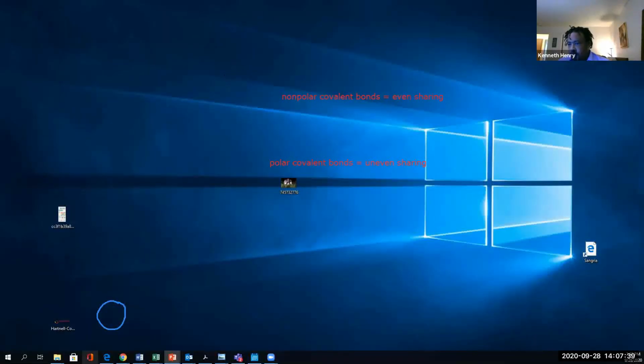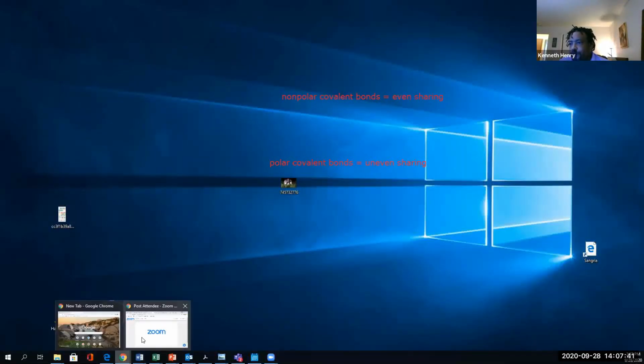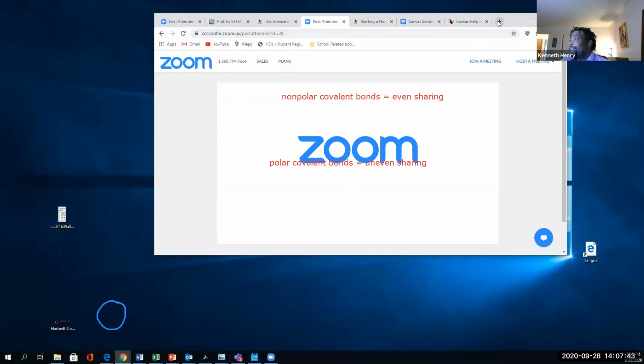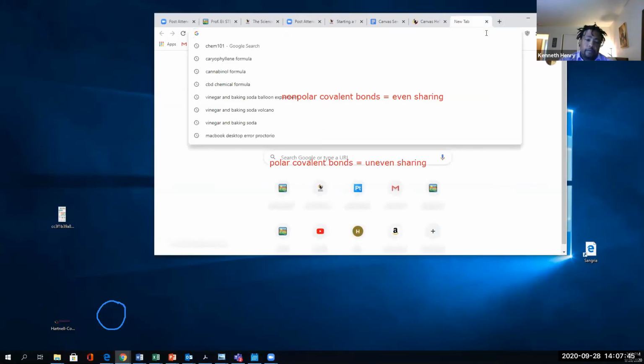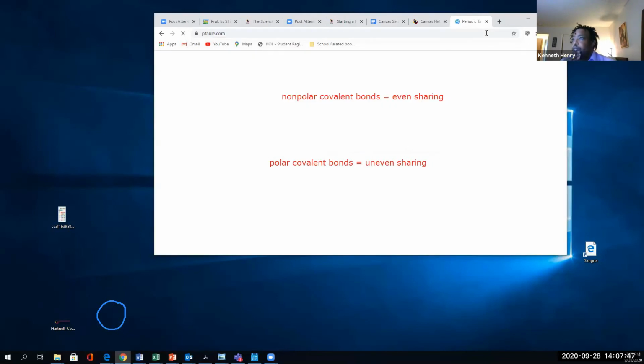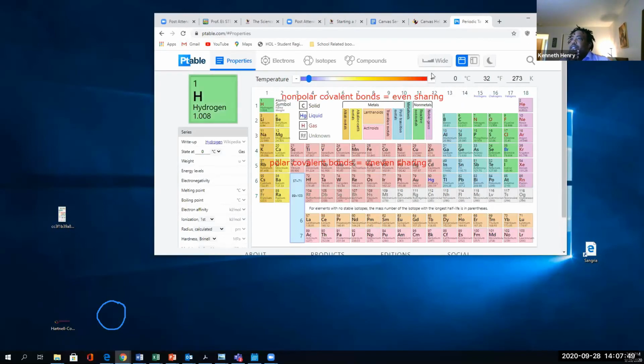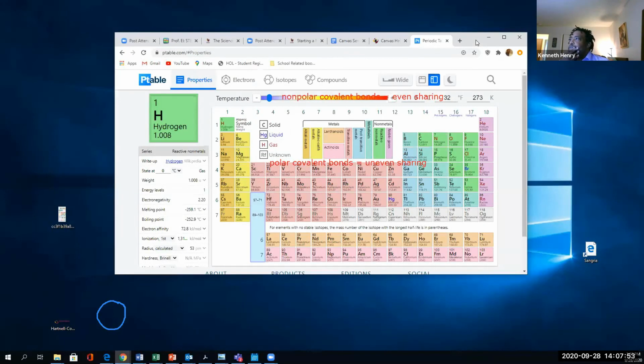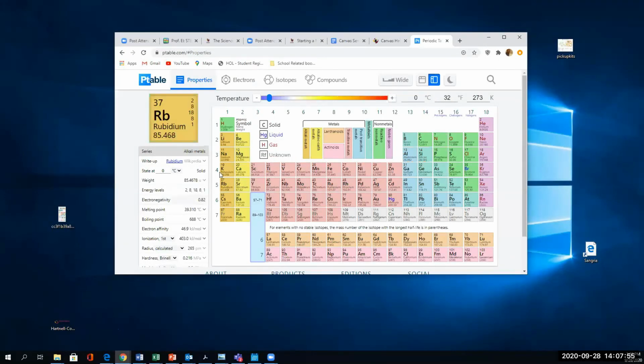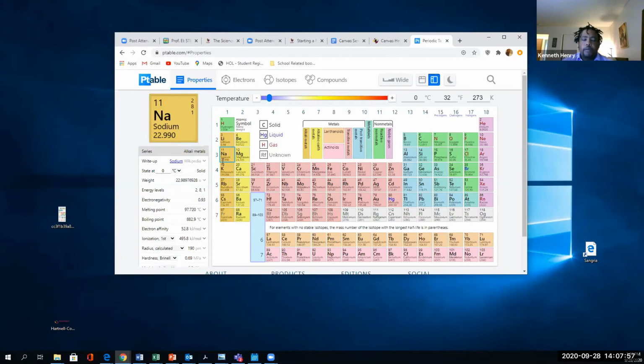Okay, let me pull up my periodic table. You guys all see the periodic table? Okay, the easiest way to determine the number of valence electrons is just counting the s and the p orbital at the period that element is at.